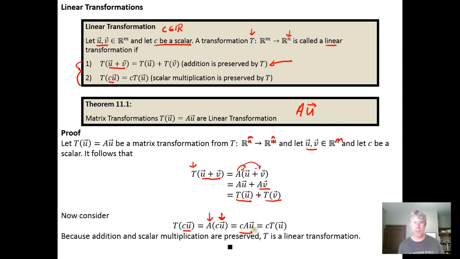This is one of the properties we had for scalar multiplication. And if we factor the scalar out front and multiply A times U first using one of the associative properties, well, A times U is the same as the transformed U. So because matrix transformations meet the criteria to be a linear transformation, it turns out that every matrix transformation of the form transformation matrix A times a vector is also a linear transformation.